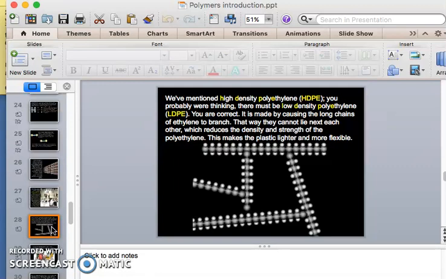So high density polyethylenes, because they're high density, they're stiff. Low density are flexible. There's an advantage to that as well. PVC, polyvinyl chloride, again a high density polymer. It's used in pipes. So all these pipes that we have, if you open the cabinets there, they're high density polymers.